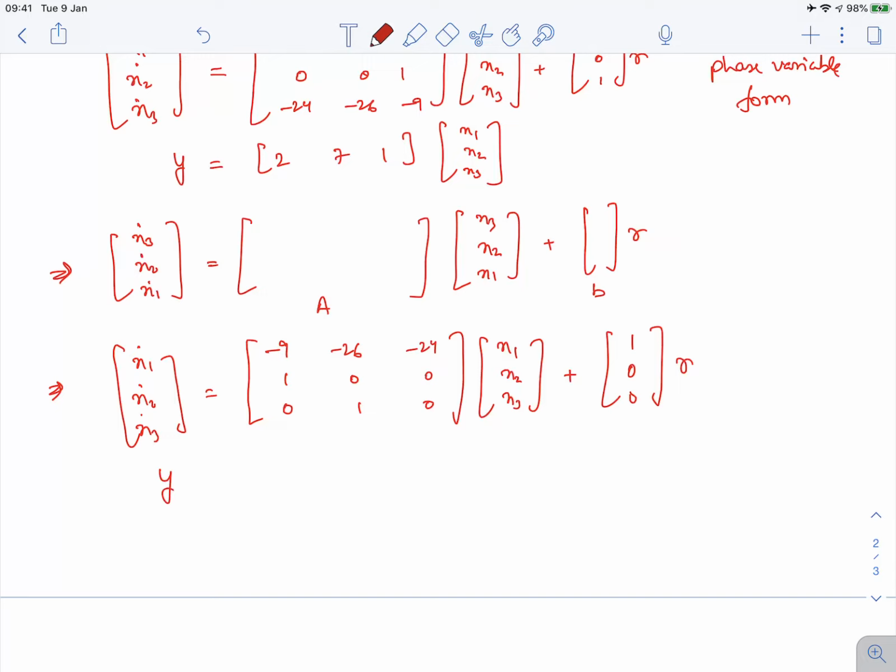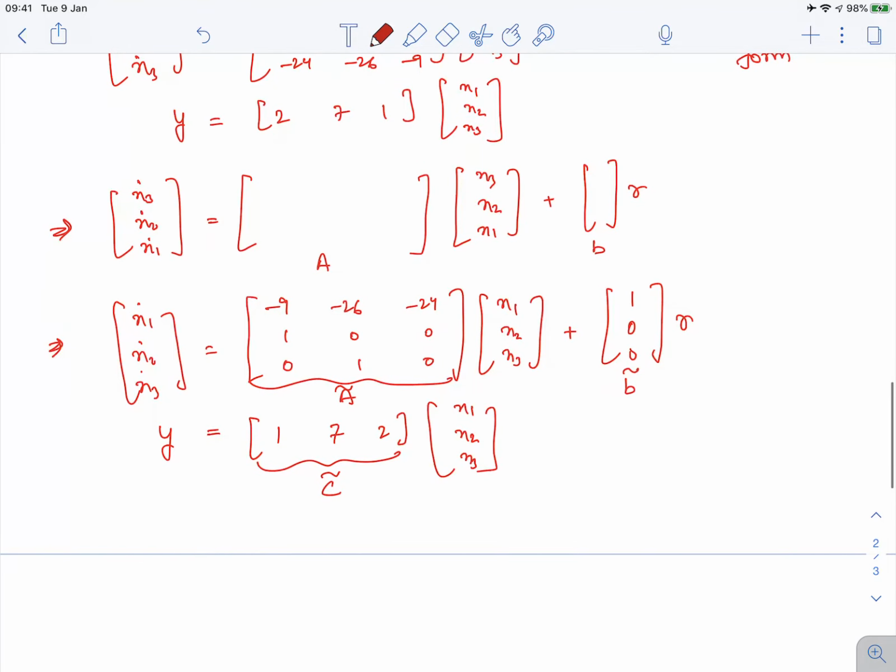Okay, and similarly the output equation would be straightforward to see after reversing the order of the state vector. So let's call this A tilde and this B tilde, and similarly this C tilde. Okay, and this form is what we call the controllable canonical form or controller canonical form.